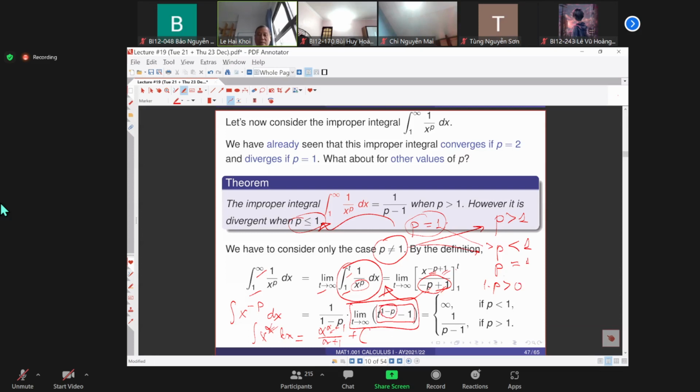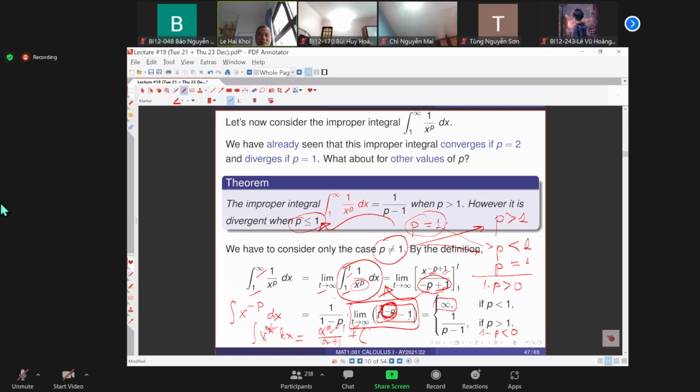In the case p bigger than 1, then 1 minus p is less than 0, so t to a power less than 0 tends to 0, and then you have negative 1.